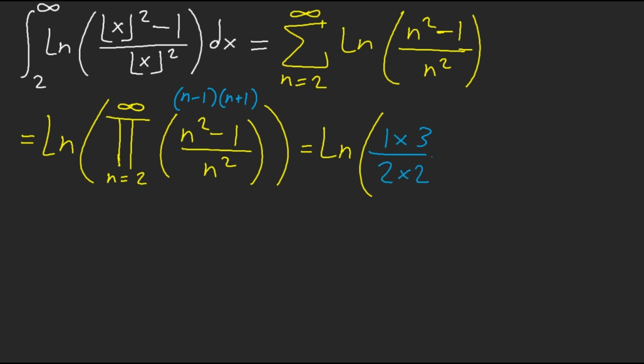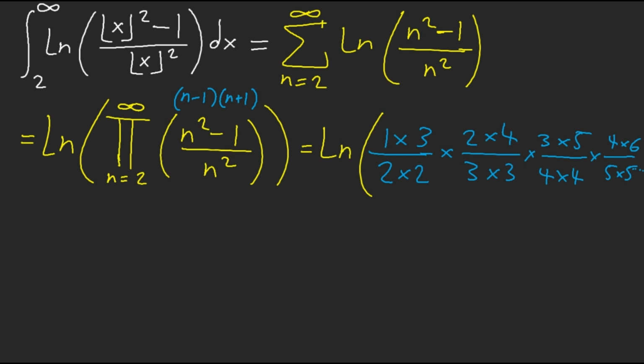Then, because it is a pi product, n equals 3, we get 2 times 4 over 3 times 3. Then 3 times 5 over 4 times 4, etc. Then 4 times 6 over 5 times 5, right?